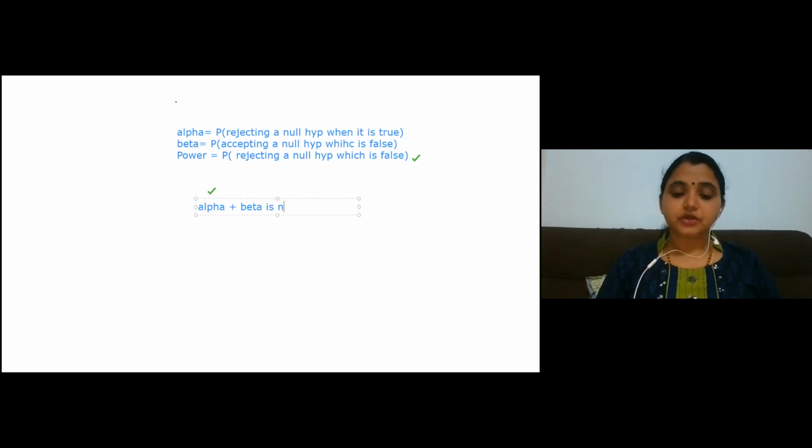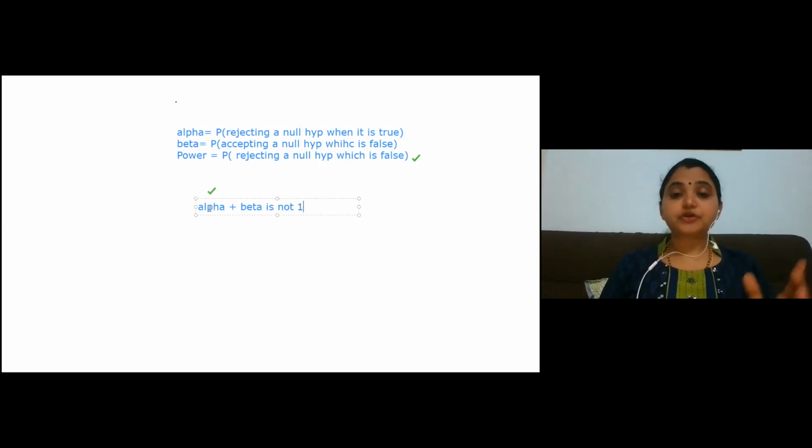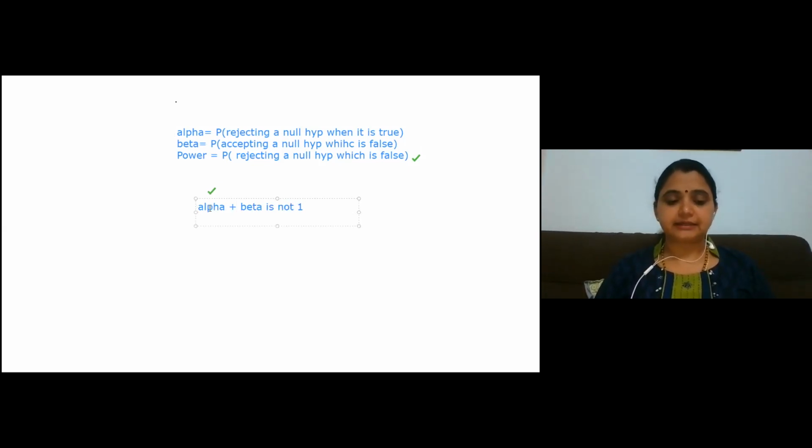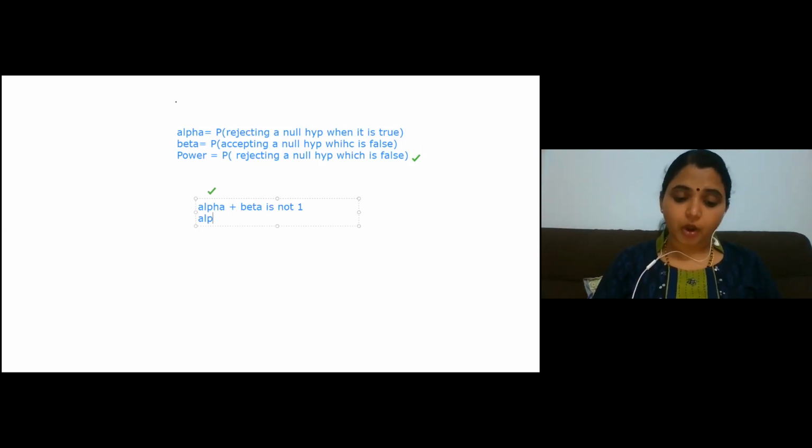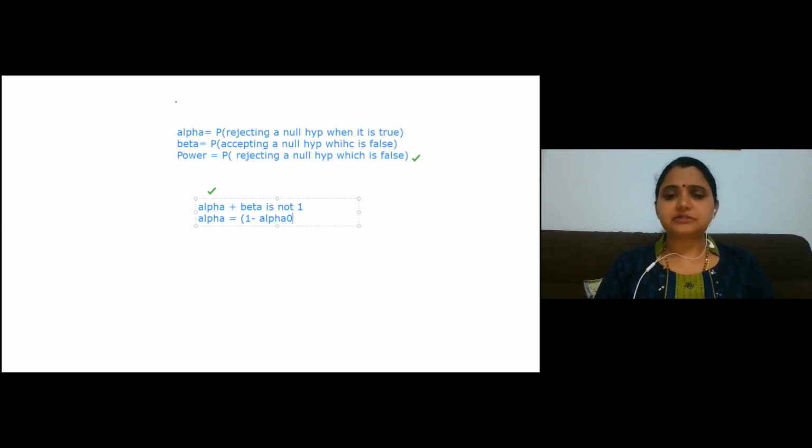Never assume that they will happen together. The complement of alpha is 1 minus alpha, which is totally different. You will not take all the decisions together. You will either reject a wrong null hypothesis or accept a wrong null hypothesis. That's all. You cannot have 2-3 decisions together. Alpha plus alpha's complement is 1 minus alpha.